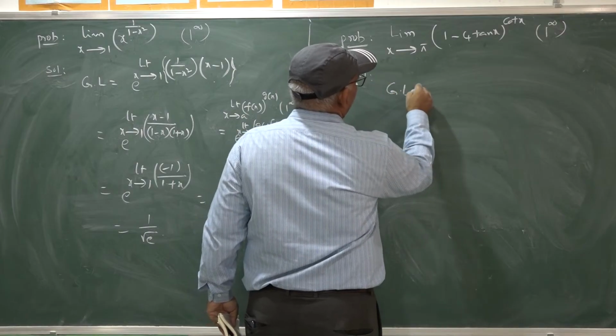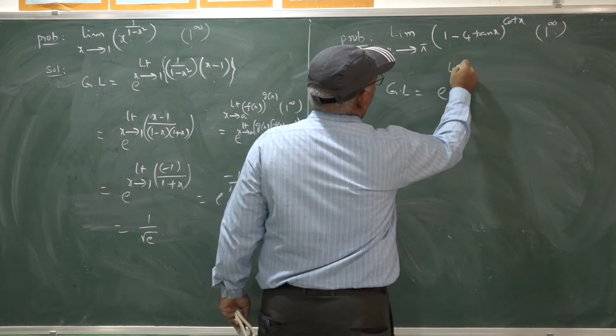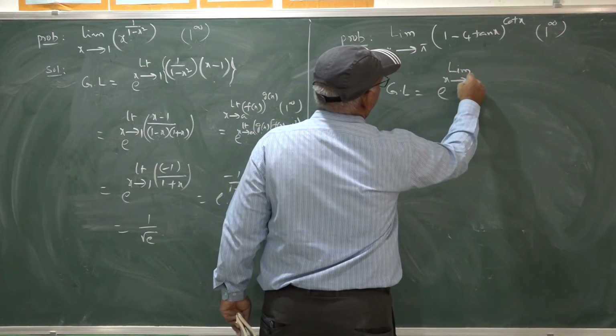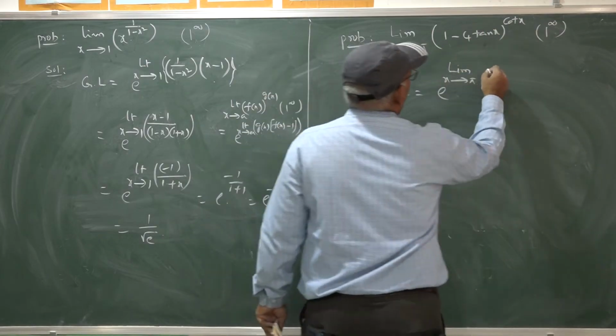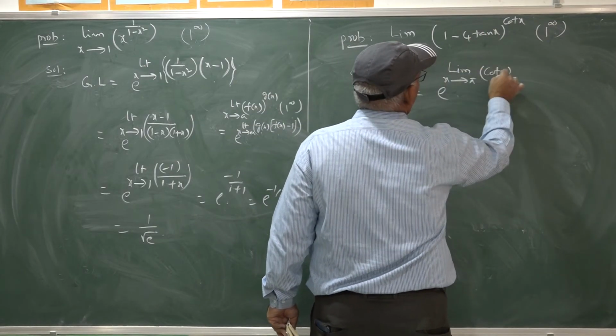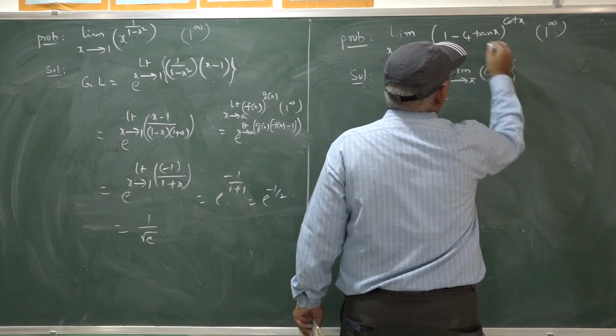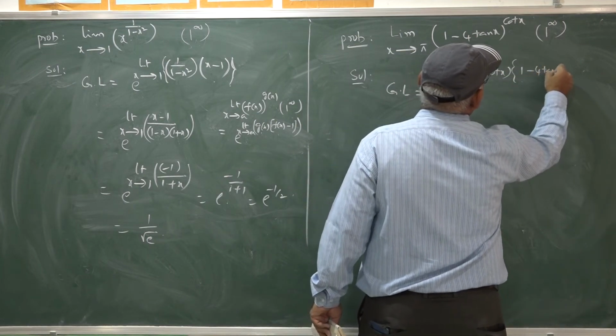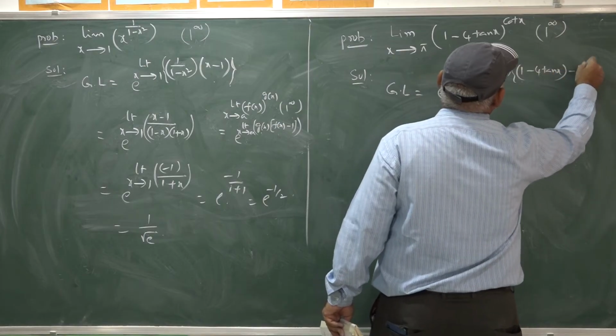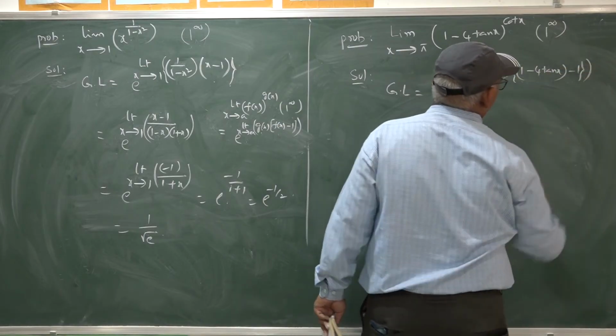So, the given limit is nothing but e power limit as x goes to pi, exponent function g x is cot x into base function 1 minus 4 tan x minus 1. This is our limit.